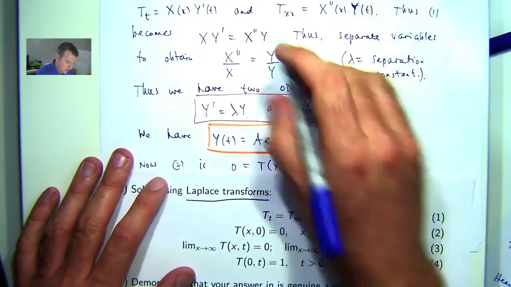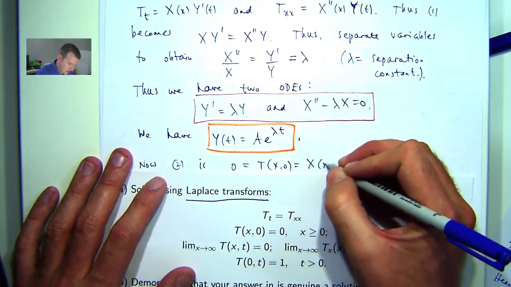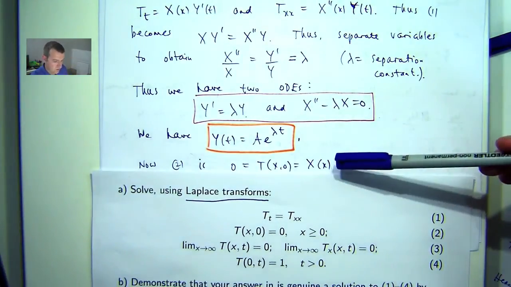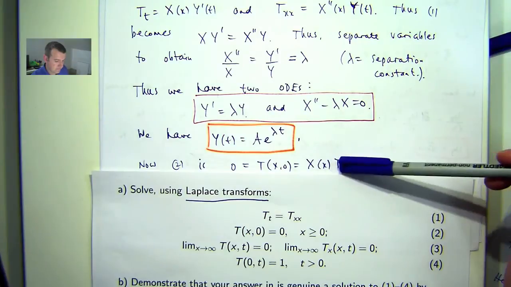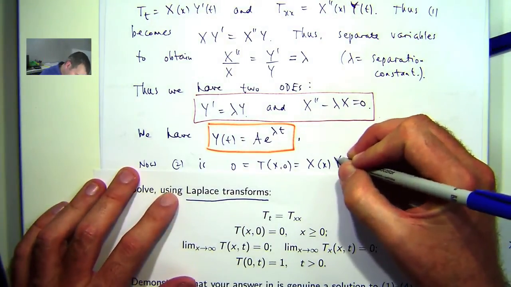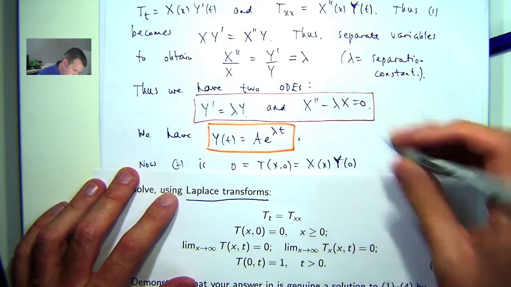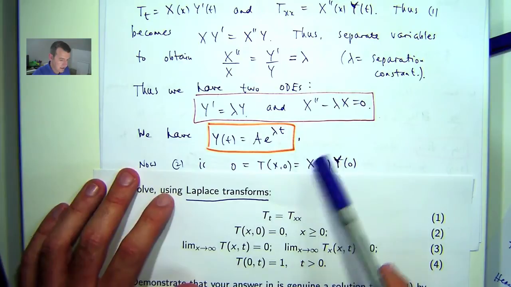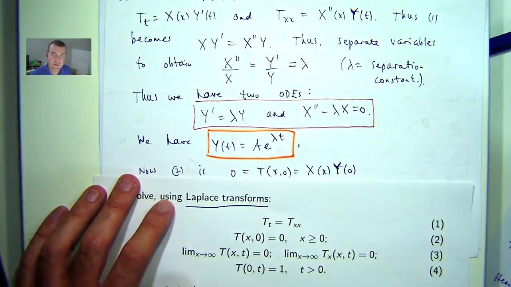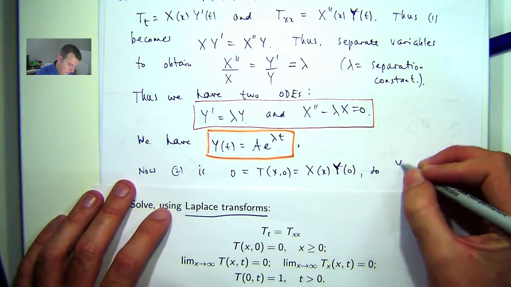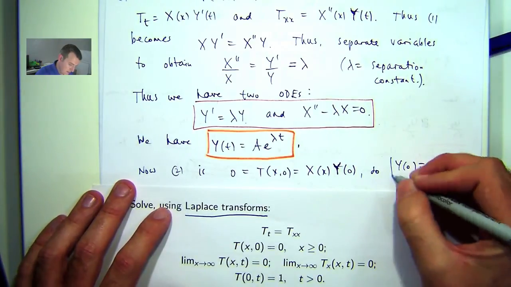It's the product of this times big T of 0. Now, what this means is that big Y of 0 must be 0. If this is 0, then essentially this thing must be 0. So we only have the trivial solution. Okay, so big Y of 0 equals 0.